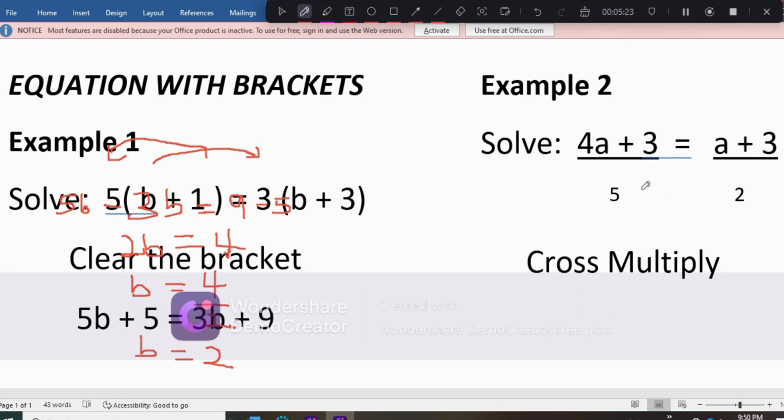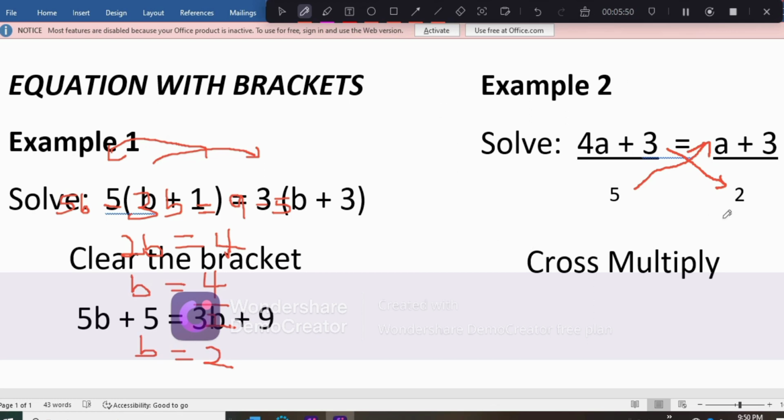So what we do is to cross multiply the numerator of the left hand side by the denominator of the right hand side. So 5 is going to multiply the terms a + 3, while 2 is going to multiply 4a + 3. So how do we do the cross multiplication?